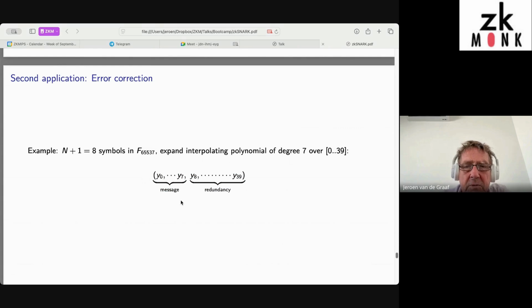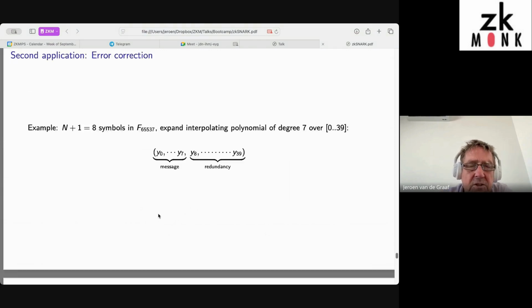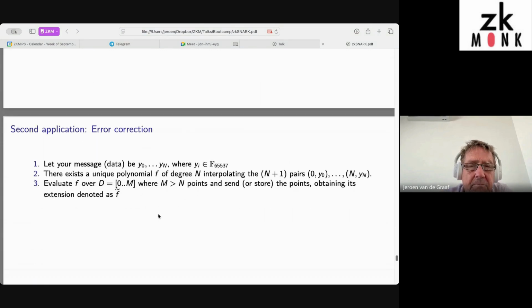As long as the receiver receives at least 8 messages, any 8 of these 40 messages, then these define a unique polynomial, and so it can compute the polynomial and reconstruct the 8 original values of y, and it can reconstruct the original message. So this is a way of using error correcting.